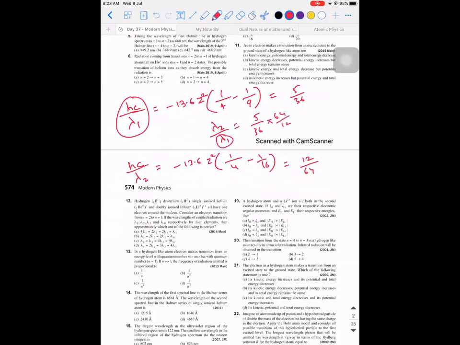So you know the value of lambda 1, that will go to the other side, just multiply, you'll get the answer. Five into 64 divided by 36. 488.88 is the answer.